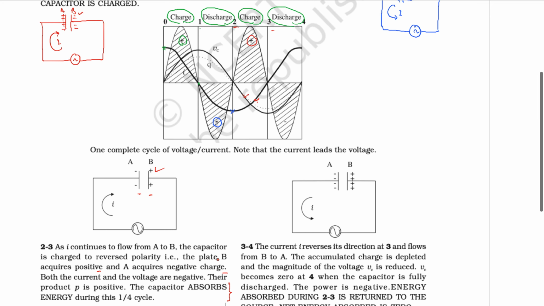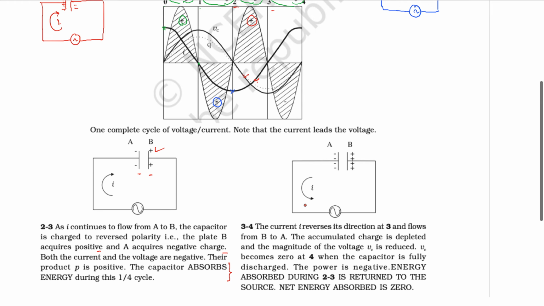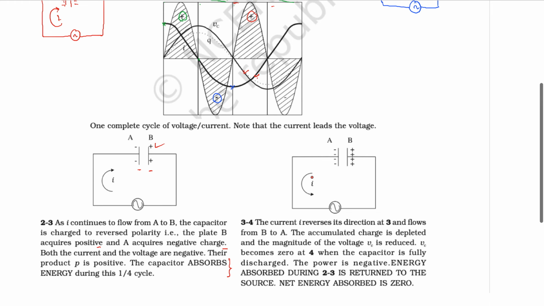Now go to the fourth, from 3 to 4. The discharging process will then take place. Here the current reverses direction and flows now from B to A. So the accumulated charge is depleted and the magnitude of the voltage VC is reduced.